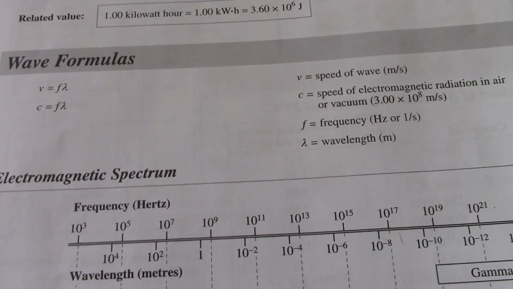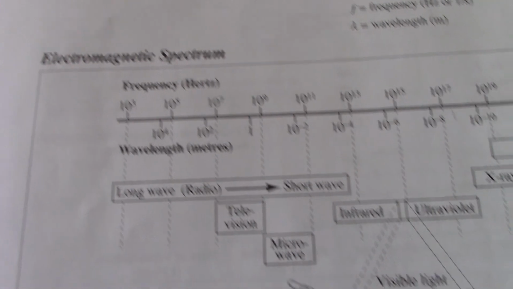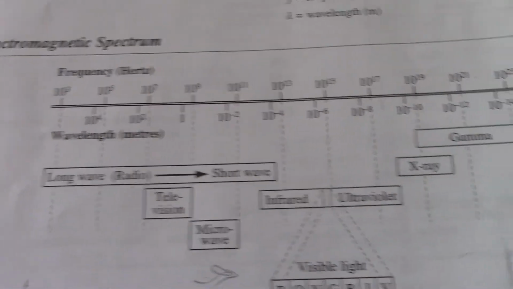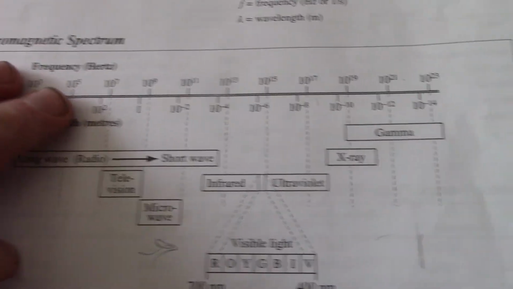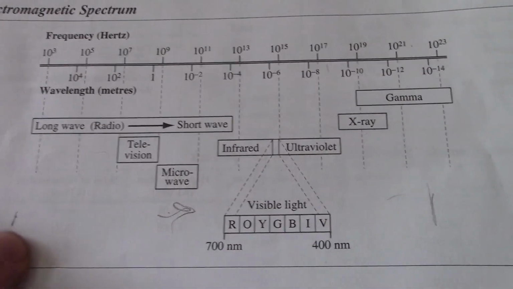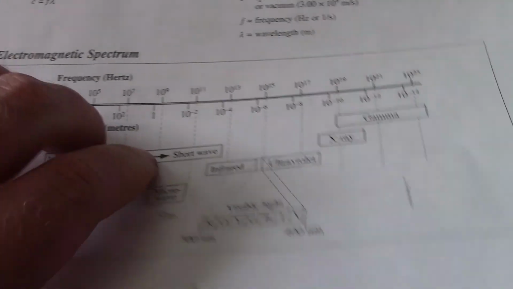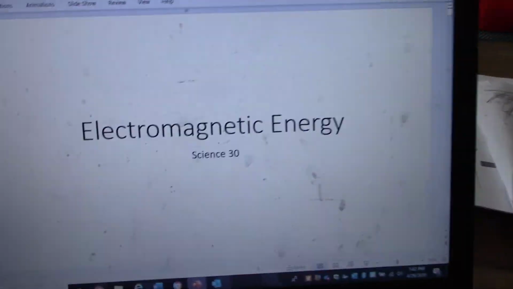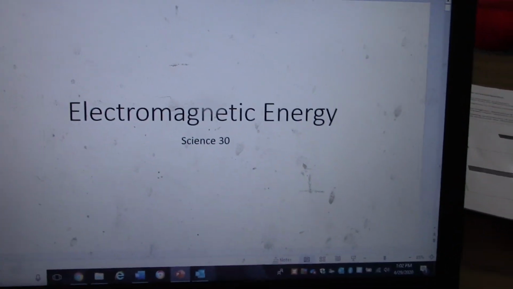Wave formulas are for the second half of this unit. When we talk about the electromagnetic spectrum, you have the electromagnetic spectrum here as well, with different waves that have different wavelengths and frequencies. Those are going to be the main things you're going to need to know for this unit. I'm going to do a couple of mathematical examples on the board.